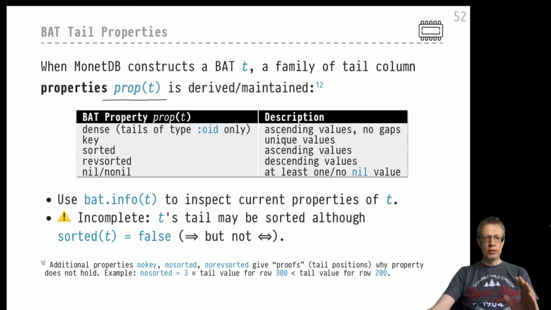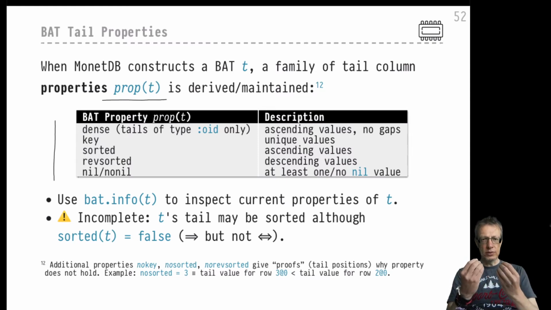Okay, and that's a whole battery, a whole family of interesting properties that MonetDB maintains internally. I've just listed a few of these here in this table. All right, so there is, for example, the dense property. Okay, so if the BAT t has the dense property, then we know that the values in its tail column are of type OID.